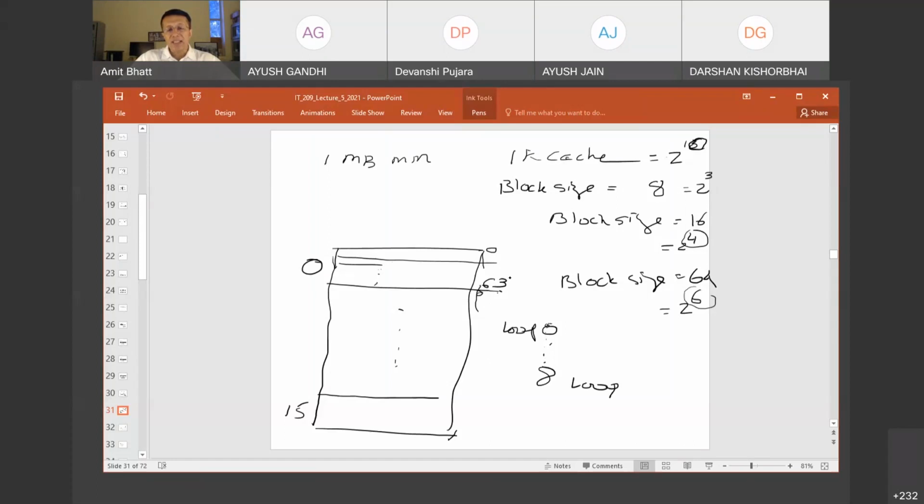And if your block size is 64, you will go 1, 2, 3, 4, 5, 6, 7, 8, 9. And then you say, okay, you go to block number, and this particular loop thing is not a good example here.